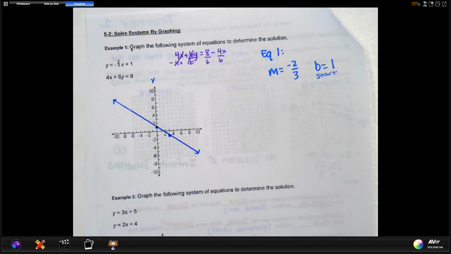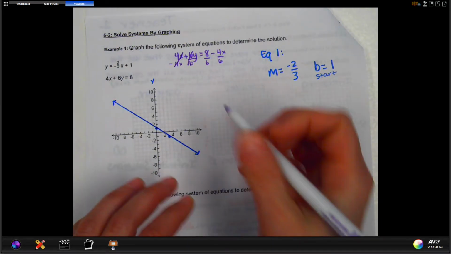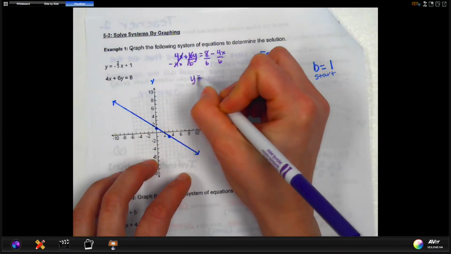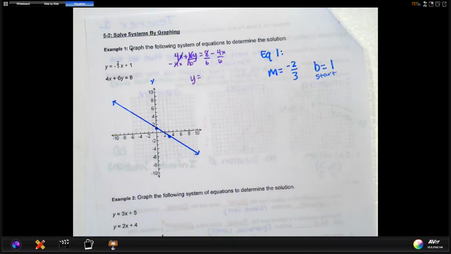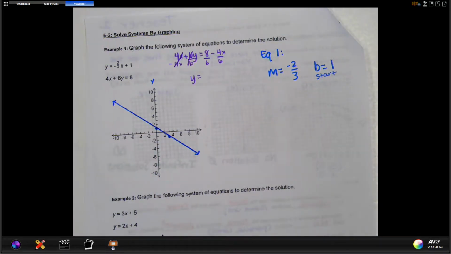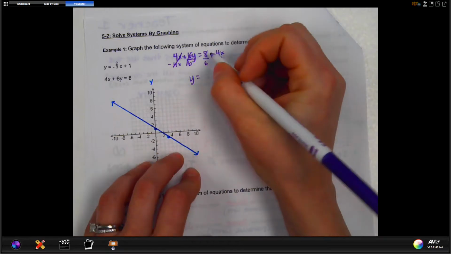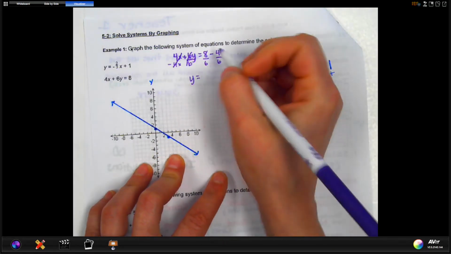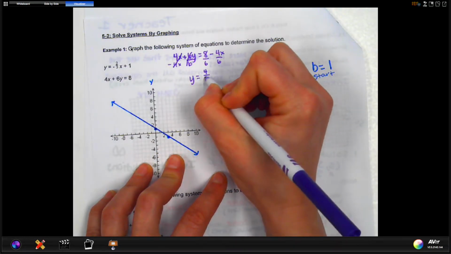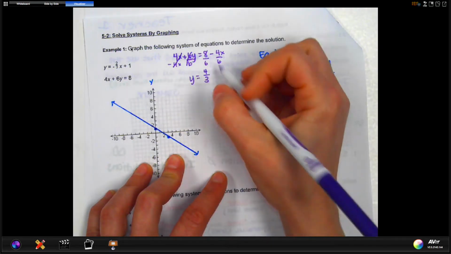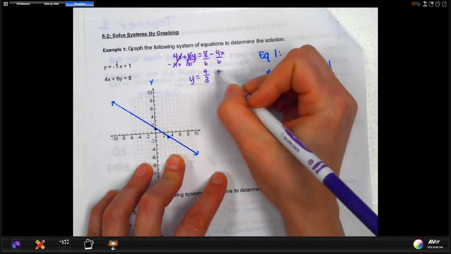Okay, so now we need to simplify. So y equals 8 over 6 does not divide nicely, but we can reduce it by 2. If I reduce 8 over 6 by 2, I get 4 over 3. And I can reduce this one as well.